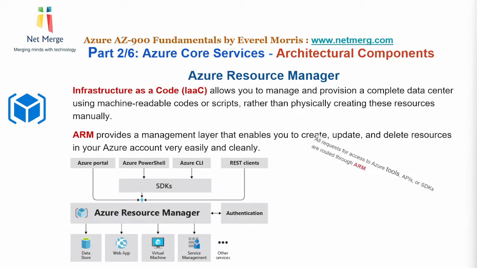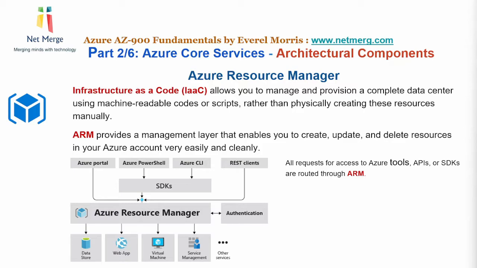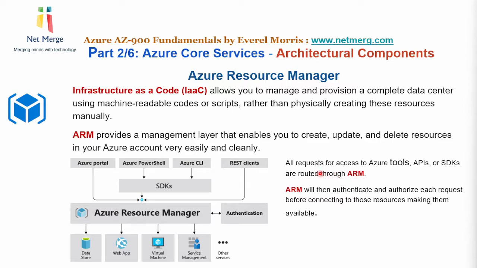Now, there's something else I want to explain about the Azure Resource Manager before I go any further. You can use Azure Resource Manager as a tool. You could use it through your API using your SDKs, or you could route it through the ARM. But anytime you try to get access to a resource in Azure, it goes through the Azure Resource Manager.